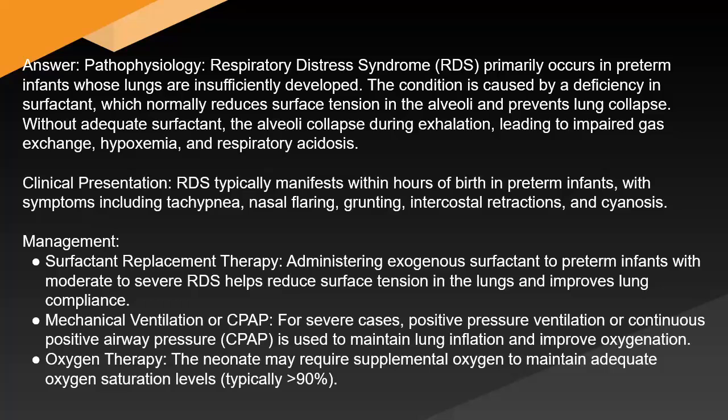Without adequate surfactant, the alveoli collapse during exhalation, leading to impaired gas exchange, hypoxemia, and respiratory acidosis. Clinical presentation. RDS typically manifests within hours of birth in preterm infants, with symptoms including tachypnea, nasal flaring, grunting, intercostal retractions, and cyanosis. Management. Surfactant replacement therapy. Administering exogenous surfactant to preterm infants with moderate to severe RDS helps reduce surface tension in the lungs and improves lung compliance.